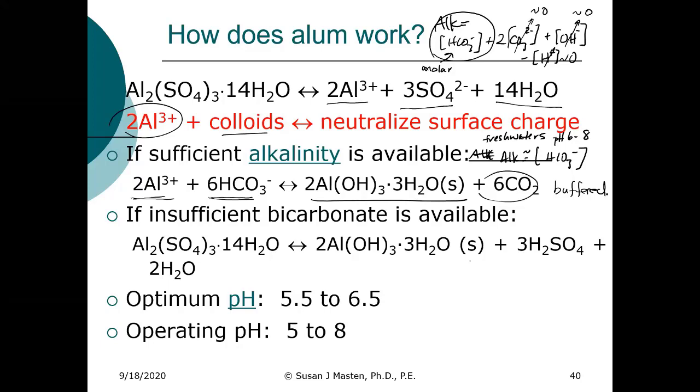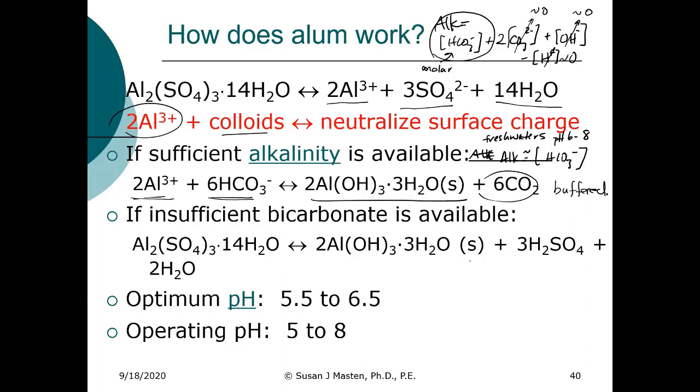When we talk about acidity, it's upon the addition of a base. So a buffered solution, again, is one that is able to resist pH change upon the addition of an acid or a base. If you have sufficient alkalinity, you're not going to have significant changes in the pH of that water.